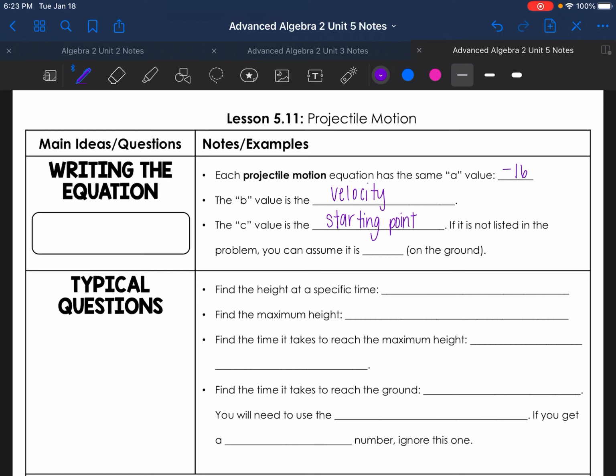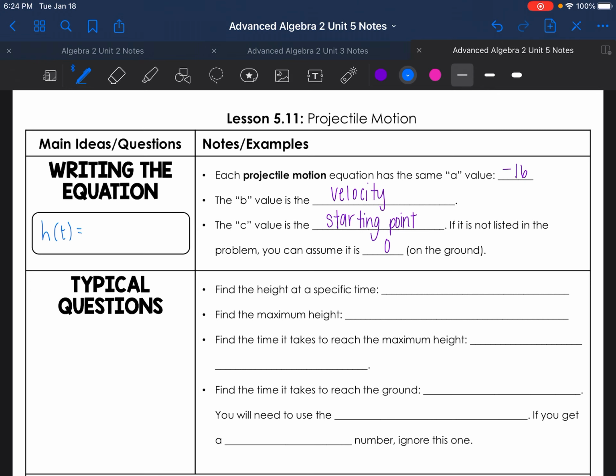Now, you may not have a C value if your object started at the ground, and so we would assume that it is 0. If the problem doesn't give a starting point, we assume it's 0. Some differences you'll see in these is we use a different variable. We use h of t.